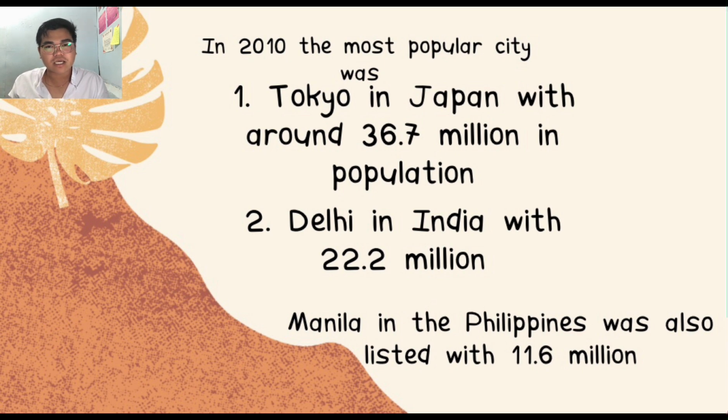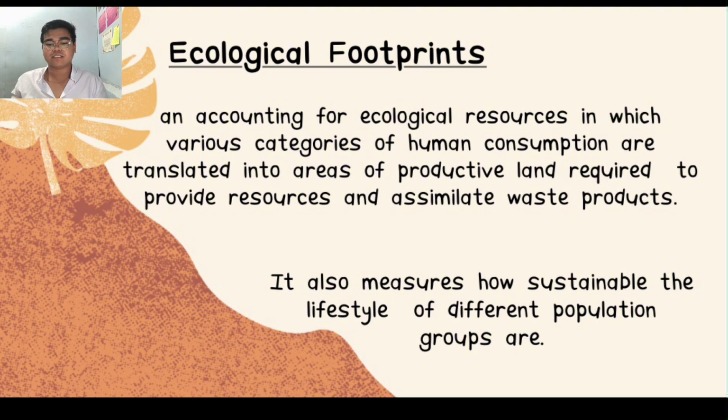So what is ecological footprints? Ecological footprints is an accounting for ecological resources in which various categories of human consumption are translated into areas of productive land required to provide resources and assimilate waste products.